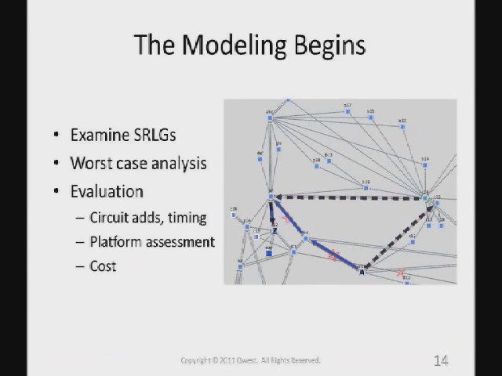Okay, so we've got the model set up. We've got the forecast to where we're comfortable with it. The next step is modeling. And that's a process of examining the SLRGs that we've set up. We do that exhaustively. And the idea is to take your set of links and determine the worst possible thing that can happen on each link.